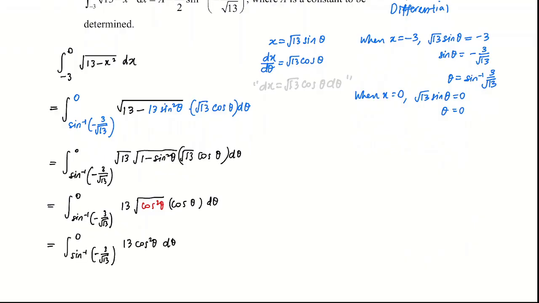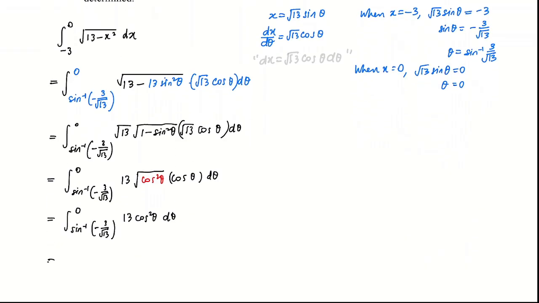Nice. So now cosine square is a very nice thing to integrate. The standard technique to integrate squares of a function is to make use of our trigo formula. So for cos square, you remember cos 2 theta is equal to 2 cos square theta minus 1.